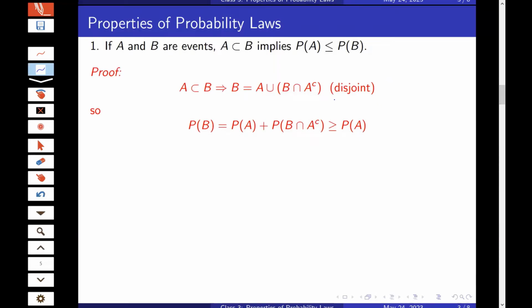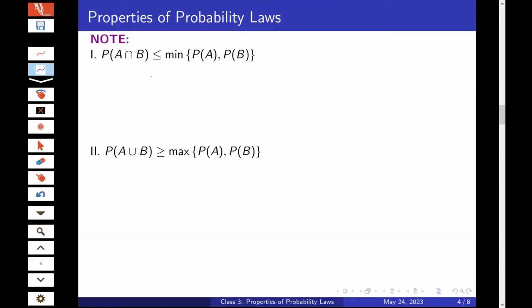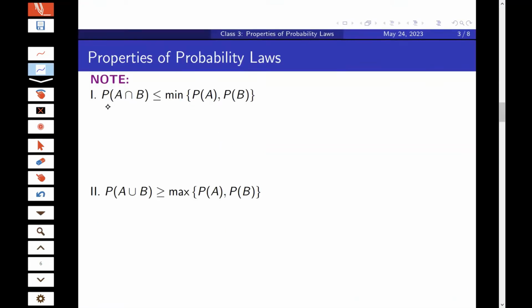Now using this property, P(B) is greater than or equal to P(A), we can obtain these two sub-properties, sub-results. Let's see the first one, which is P(A intersection B) is less than or equal to the minimum of P(A) or P(B). Let's denote this one first.